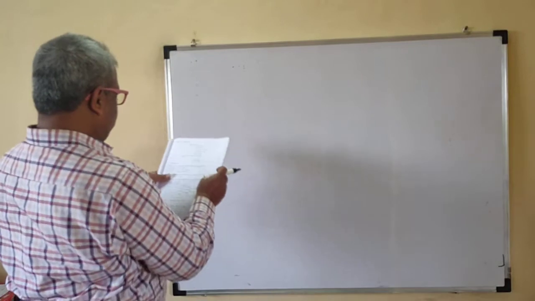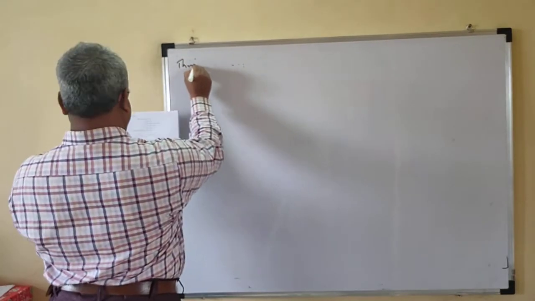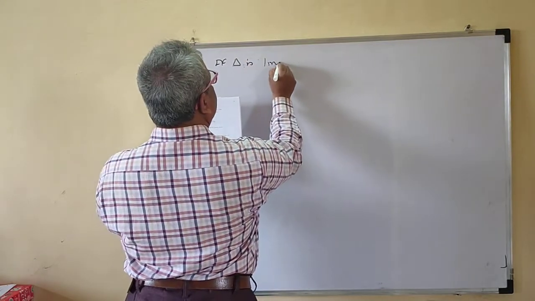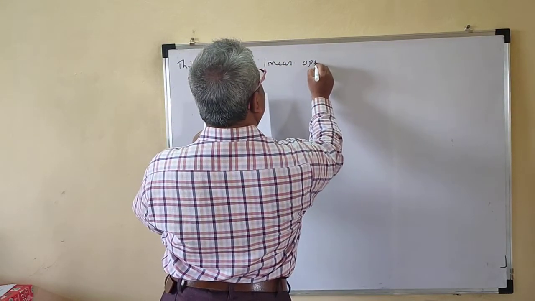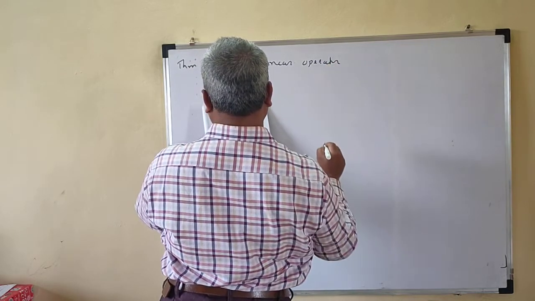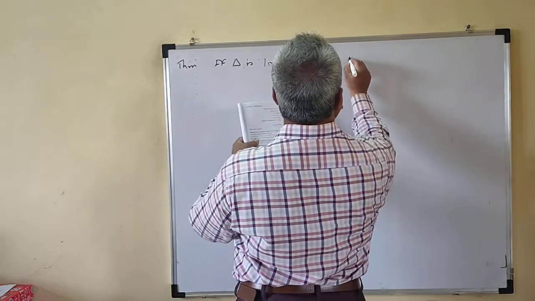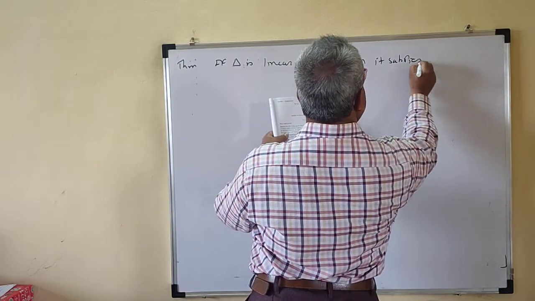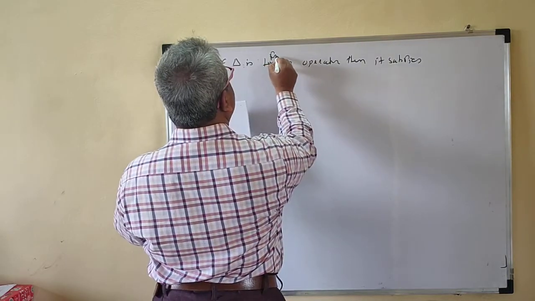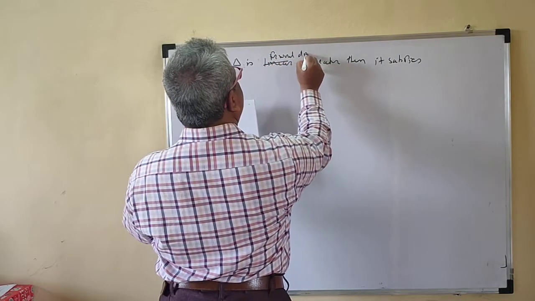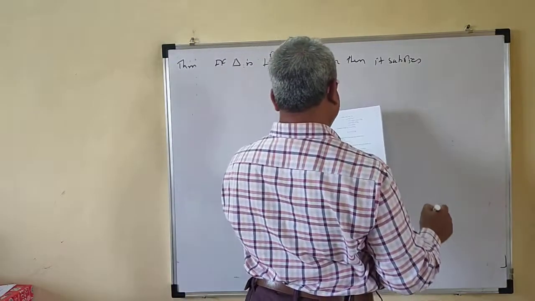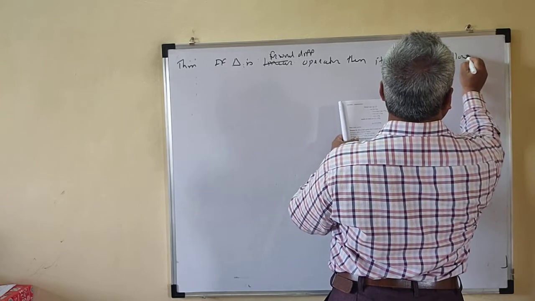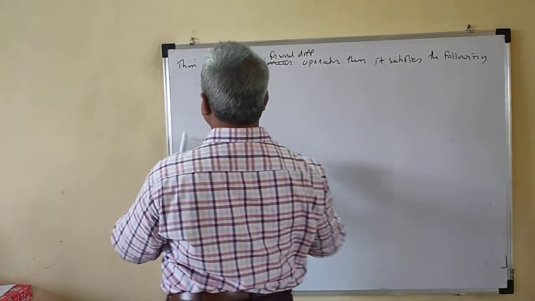Now we take the next theorem. If delta is a forward difference operator, then it satisfies the following. 1.